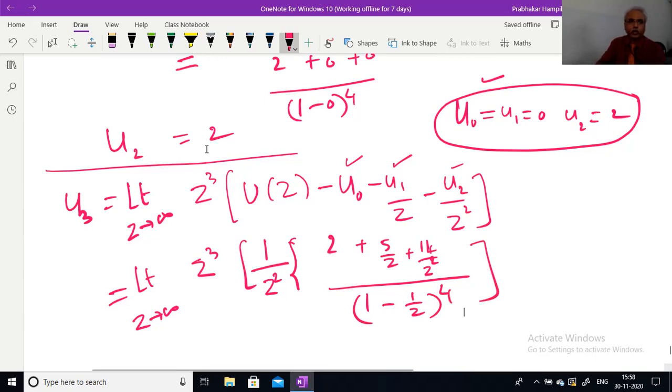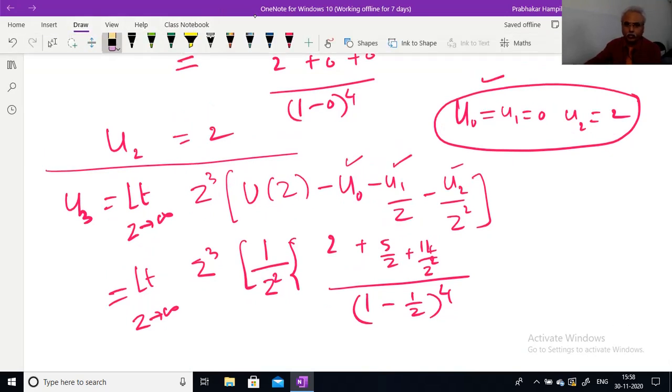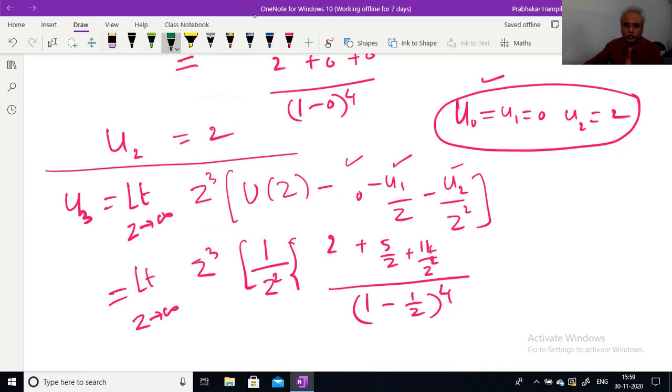Sorry, still u0, u1, u2 values remain: minus u0 value 0, u1 value 0, u2 value is 2 divided by z square.